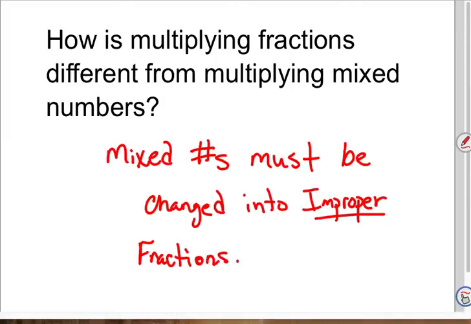We have to change a mixed number into an improper fraction. Have to change it. Okay? Get it written down.